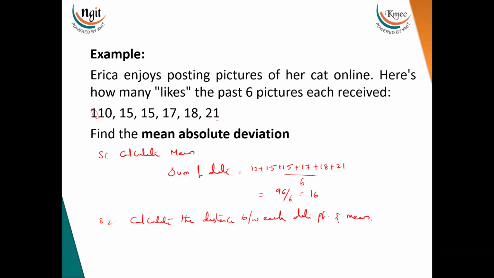So let us represent this with the help of a table. In the table, we'll write data point, and the second column is distance from mean.